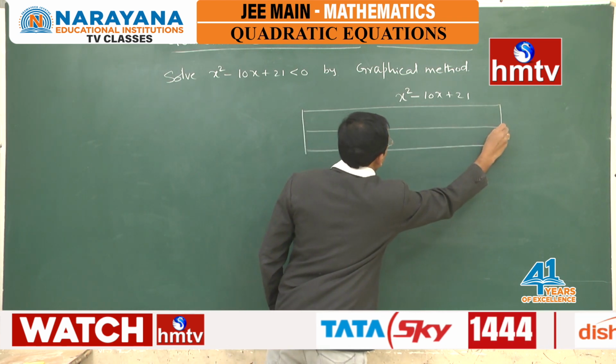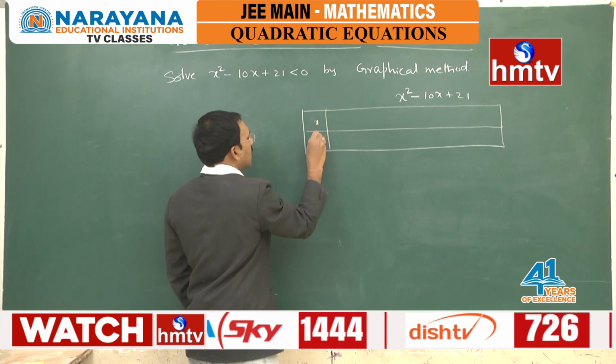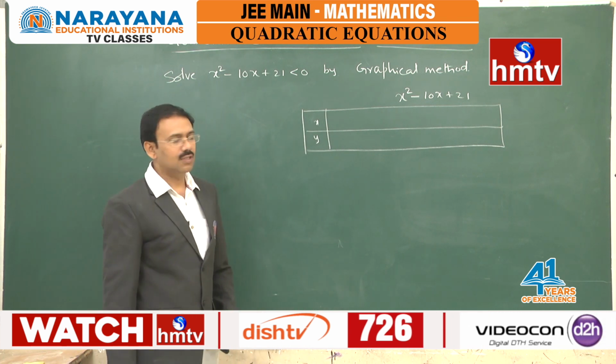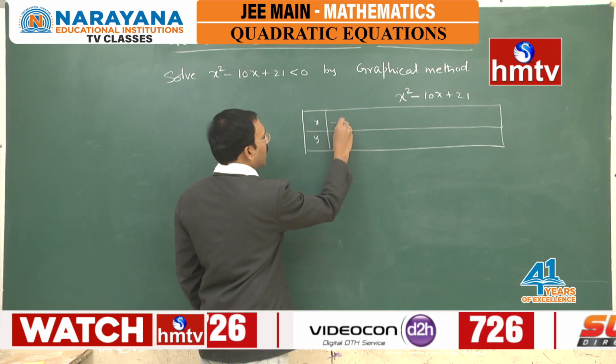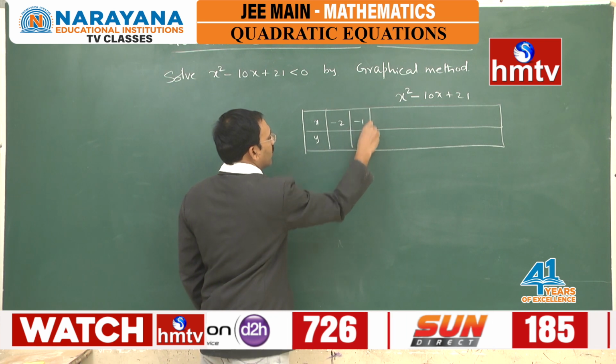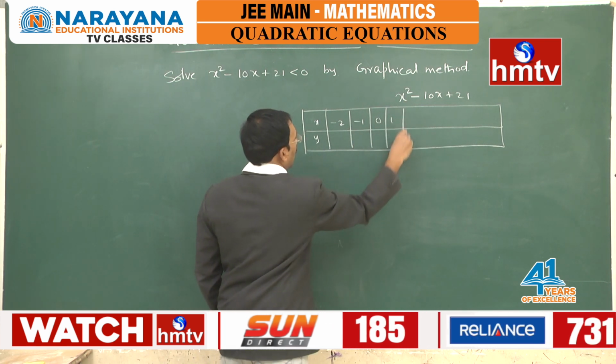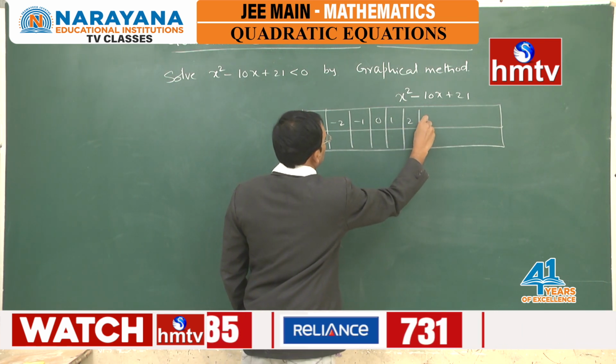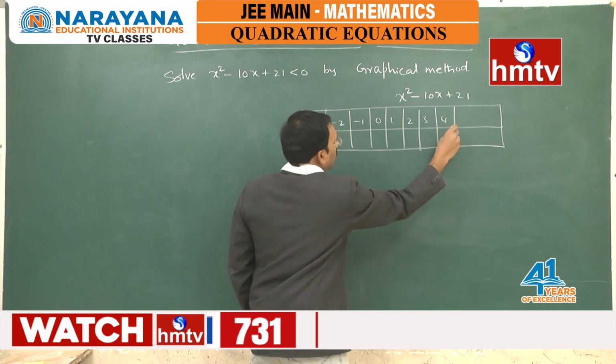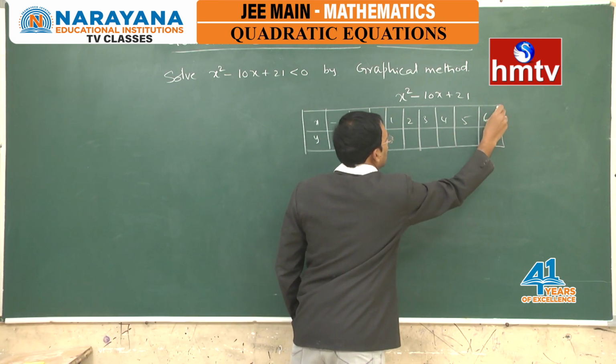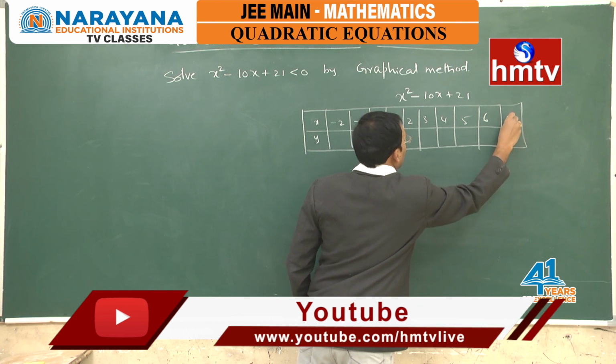You see, I take x values as well as y values. So, I take x as −2, −1, 0, 1, 2, 3, 4, 5, 6, 7 and so on.